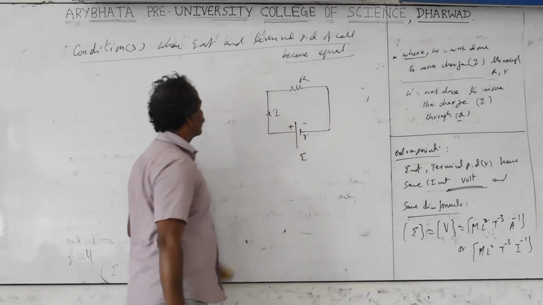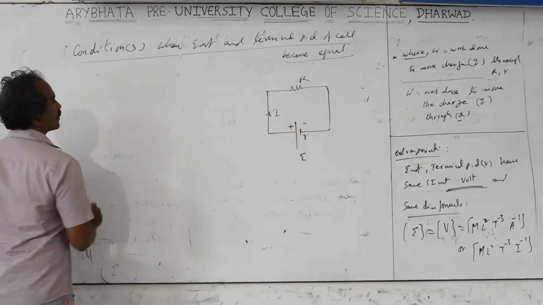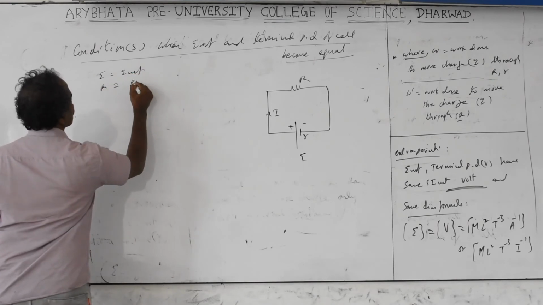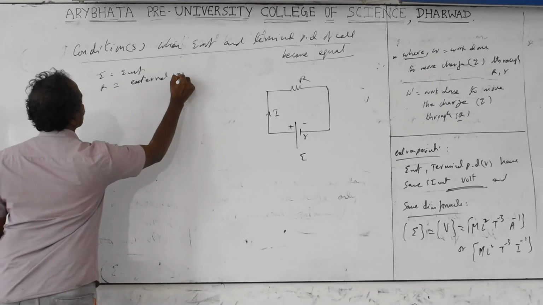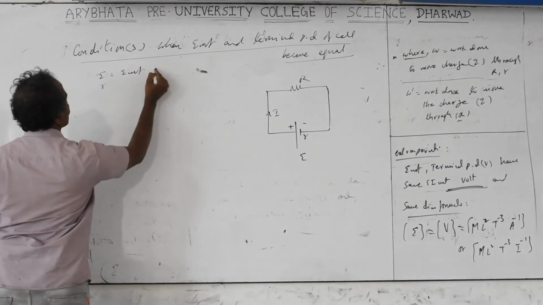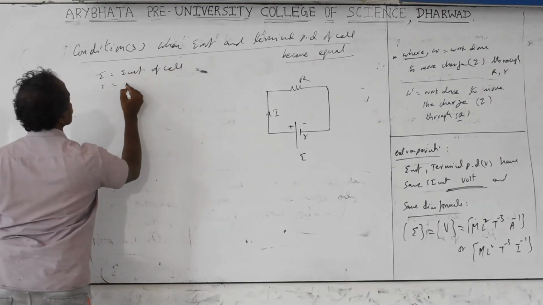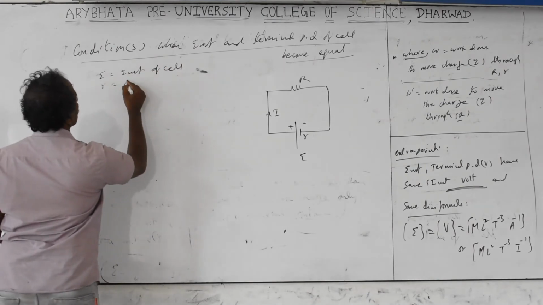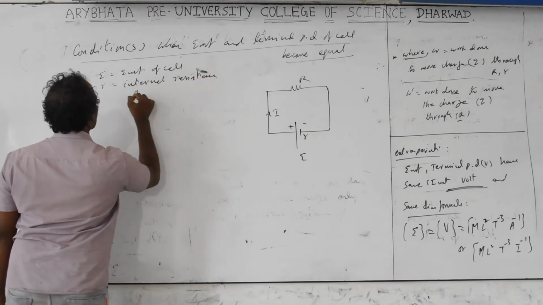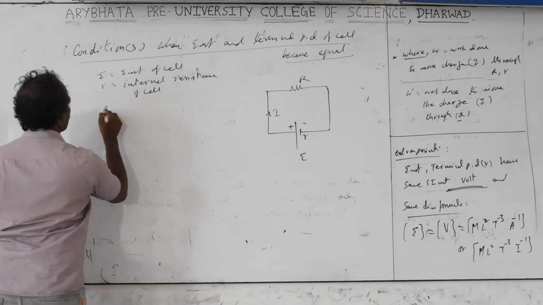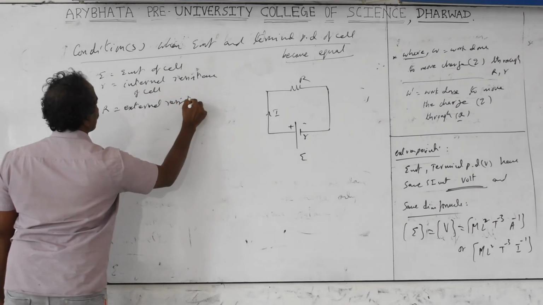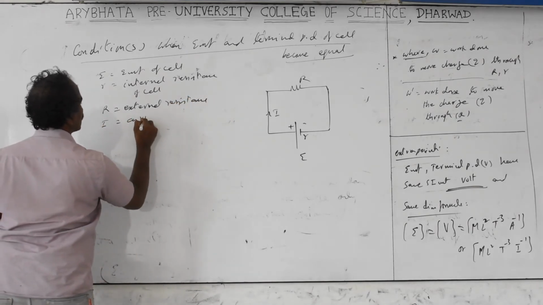Current is I. E is the EMF of the cell, r is the internal resistance of the cell, R is the external resistance, I is the current.